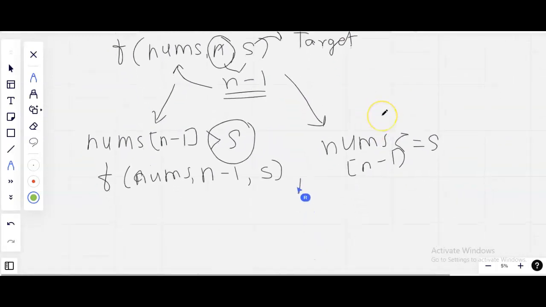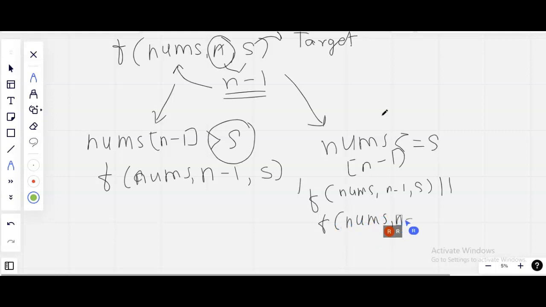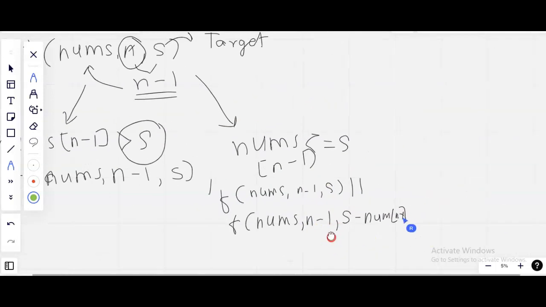So in this case, we can simply say f of nums, n minus 1, s, or f of nums, n minus 1, s minus nums of n minus 1. Now, are you getting it?